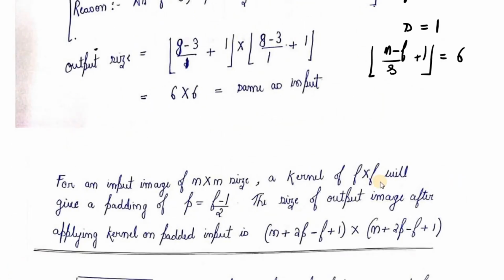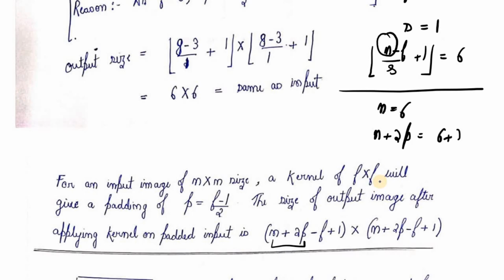Now, if we want to keep the discussion in very simplistic terms so as to not mess up with the notations which we developed previously, this n over here, which I considered, is usually considered as n plus 2p while we calculate, and this is exactly what is happening. We had the value of n equal to 6. Now n plus 2p is equal to 6 plus 2 into 1.